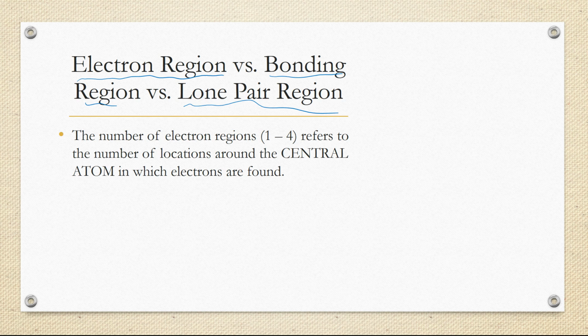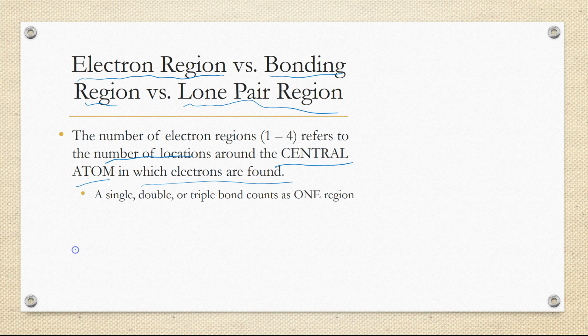It refers to the number of locations around the central atom in which electrons are found. A single, double, or triple bond counts as one electron region. It's on one side of the atom, is maybe the way you could think of it. So it's the number of areas or sides in which you find electrons. A lone pair also counts as an electron region.